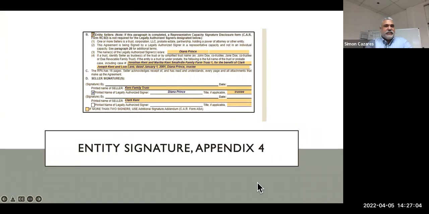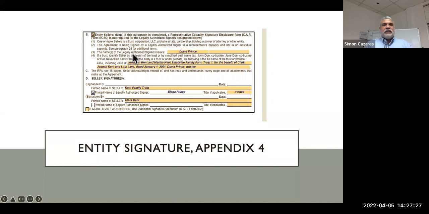Here's the entity number 4, where it says entity seller note. If the paragraph is completed, a representative capacity signature disclosure CAR form, RCSD, is not required for the legal authorized signers designated below. And then it goes through the motions.